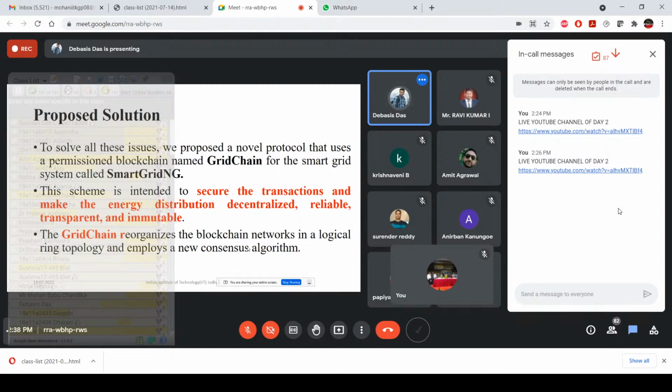In the last case, I mentioned that we can modify multiple parameters like leader selection, structure, consensus algorithm, smart contract. But in this case, we consider only the logical ring topology, which is related to the structure of the blockchain. In general, blocks are directly connected, but here they are connected in a logical ring, which gives somewhat better performance. So that's why we are using this.